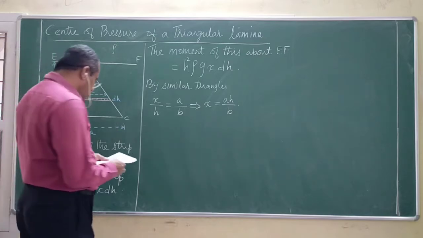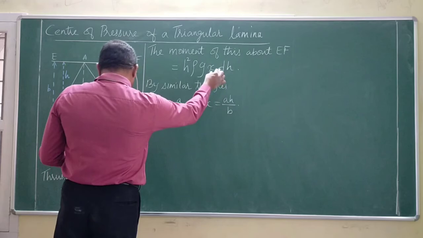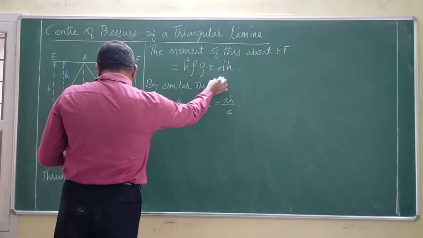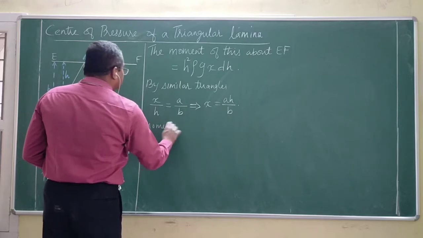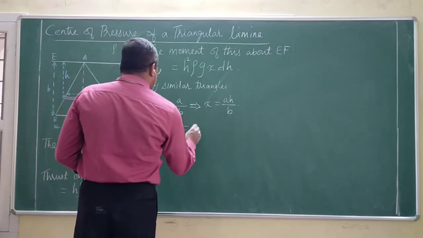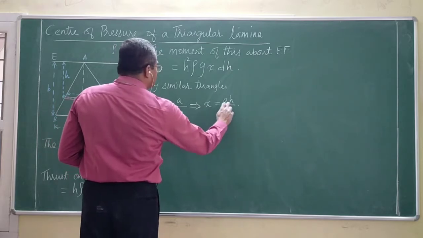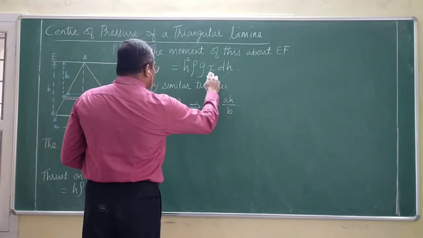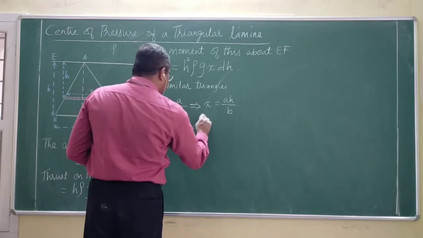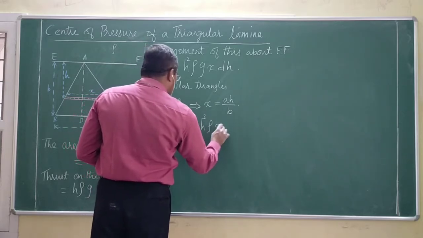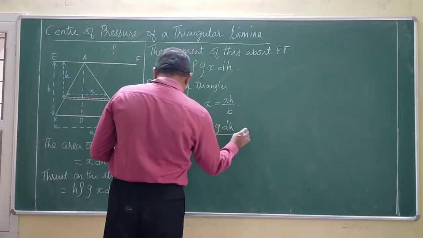Now what I am going to do here is substitute this value of x in the previous expression. Therefore, moment will become equal to, if I substitute a h upon b here, a h cube rho g dh upon b.